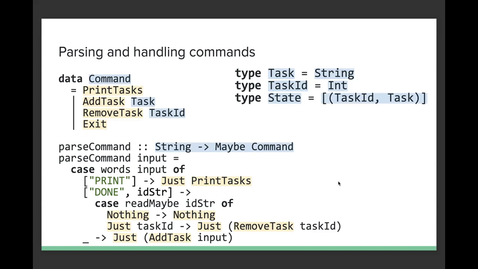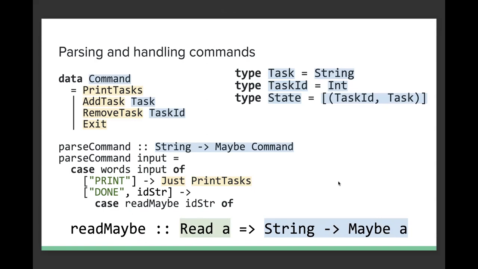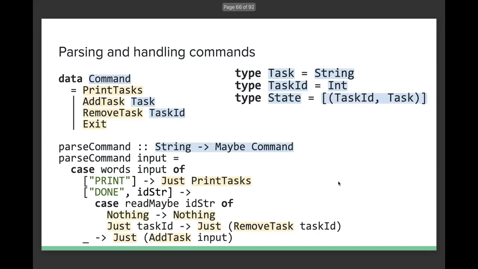Well, that's a very good question. The question is, how does the compiler understand that readMaybe actually has to use the type Int and not some other type, because it's polymorphic, right? So the way it knows that is because we are using the result of readMaybe, in particular task ID, when we pass it to remove task, right?